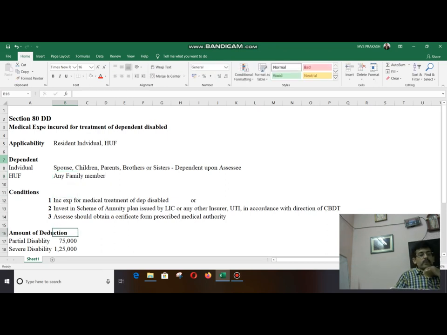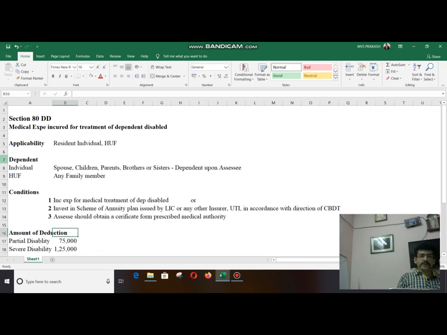Now, if we quickly close section 80DD, what is this? Medical expenses incurred for treatment of dependent disabled. 1. Applicability for resident individual and HUF. 2. Dependent is spouse, children, parents, brothers, sisters, completely dependent upon the SSC. In case of HUF, any family member.